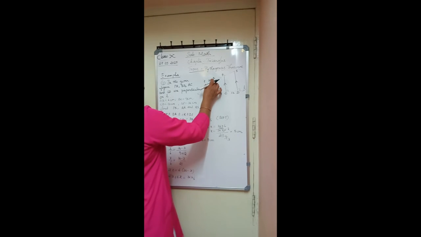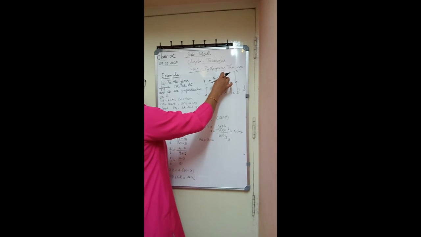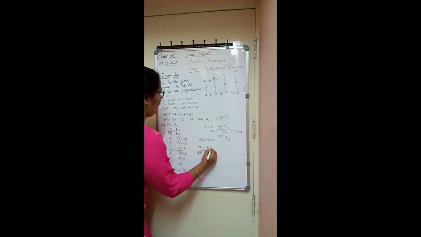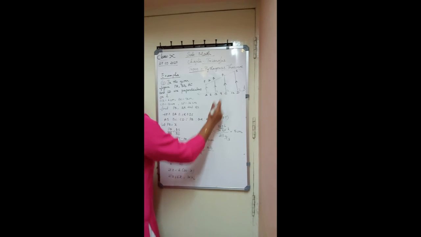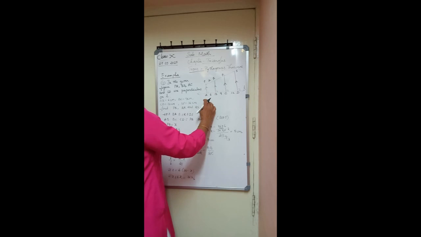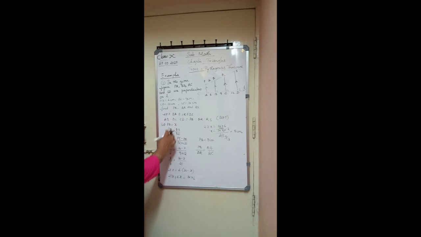When PQ is 8 centimeter, then you can find out QR also. So PQ by QR equals AB by BC. Here also you can write PQ by QS. Cross multiplying you will get the same thing.